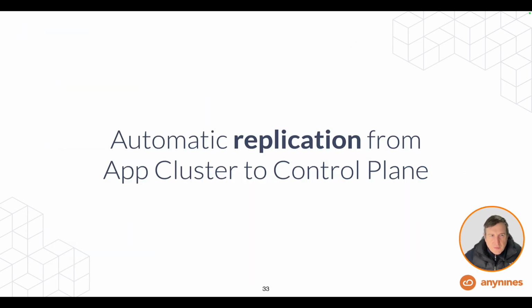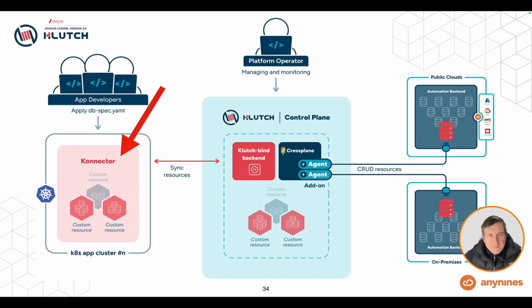So the Klutch control plane is receiving all the declared states from its application cluster by using the Klutch client, which replicates those changes to the control plane. The Klutch connector is a set of Kubernetes operators that are quite lightweight and allow you to declare your entities, such as service instances.